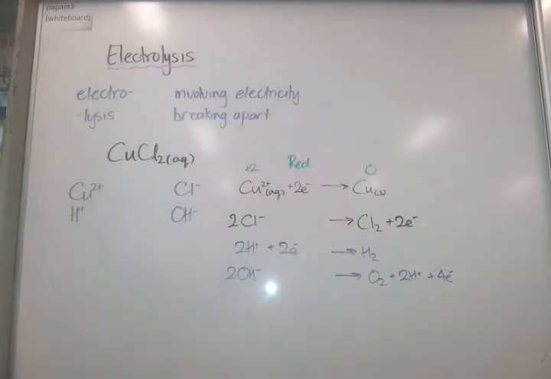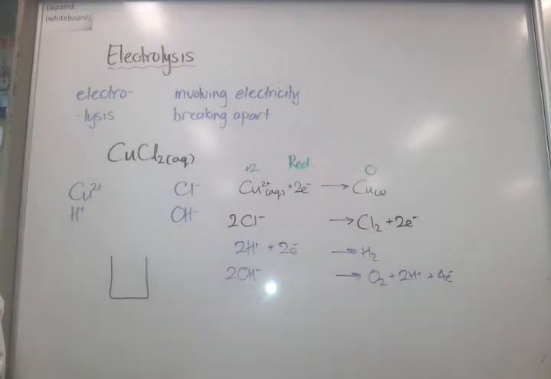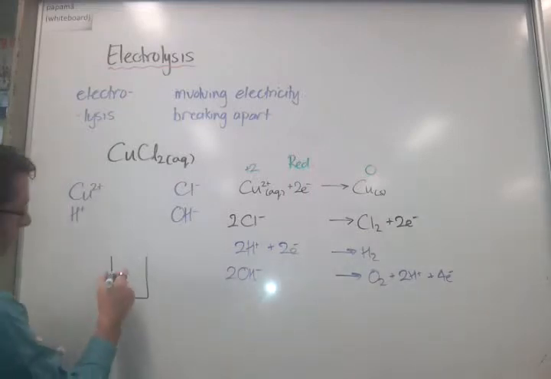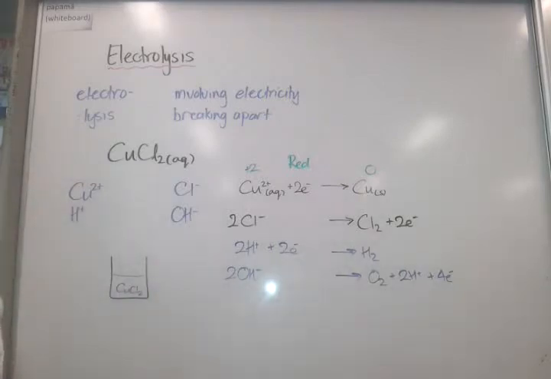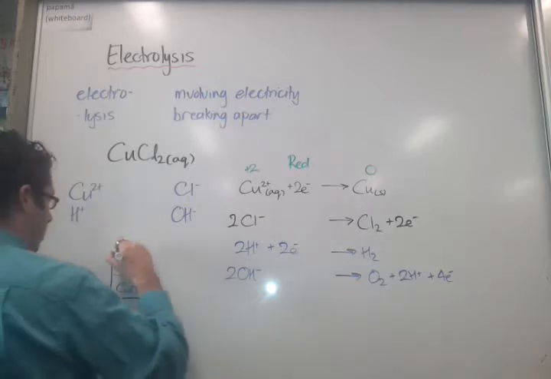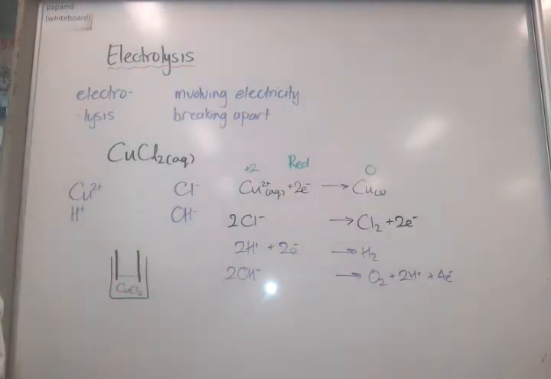So what does it look like? Well, I'm going to do this very, very roughly. Hopefully it's clear enough for you to see. In our solution, which we'll have in here, our copper chloride solution, we have 2 electrodes. I'm going to draw them just as lines, but they really look like this.